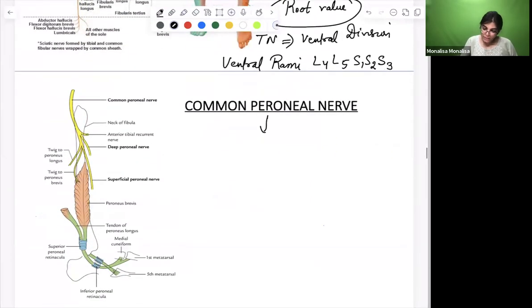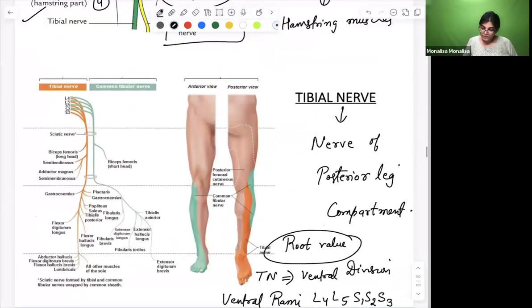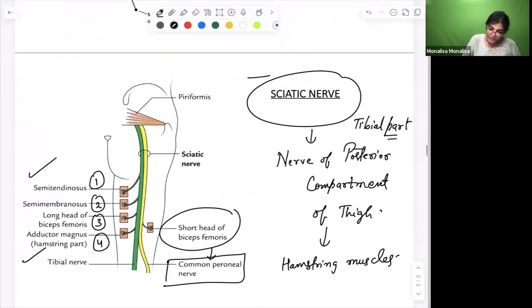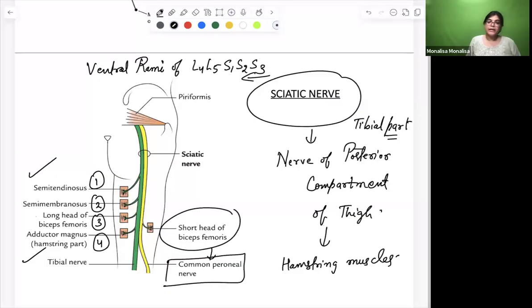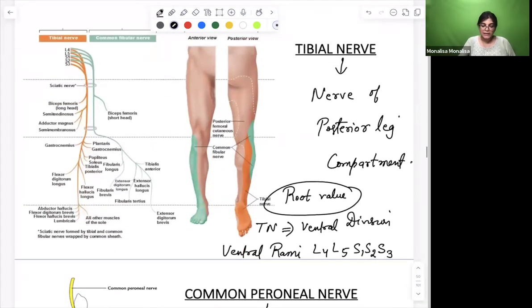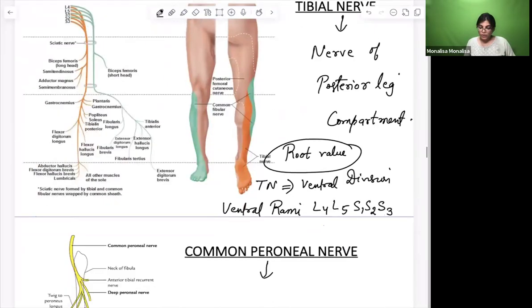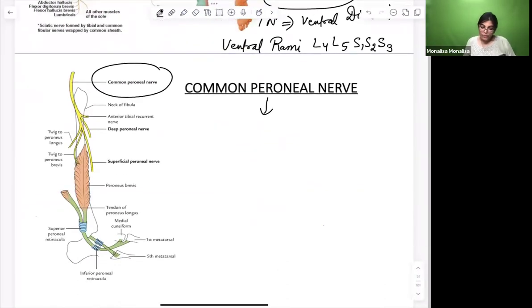Common peroneal nerve. So we know the sciatic nerve, its root value is also the ventral rami of L4, L5, S1, S2 and S3. The sciatic nerve has two parts. One is the tibial nerve, which will go in the posterior part of the leg, and the common peroneal nerve is the other part, which will wind around.